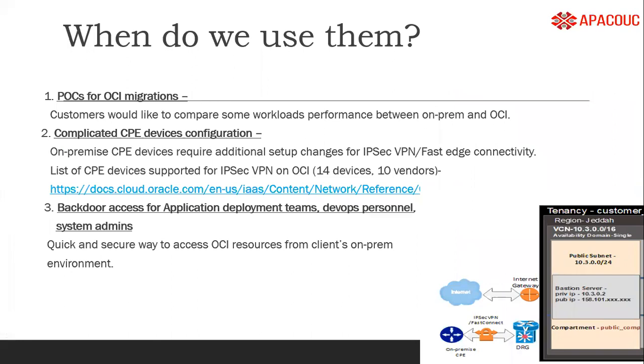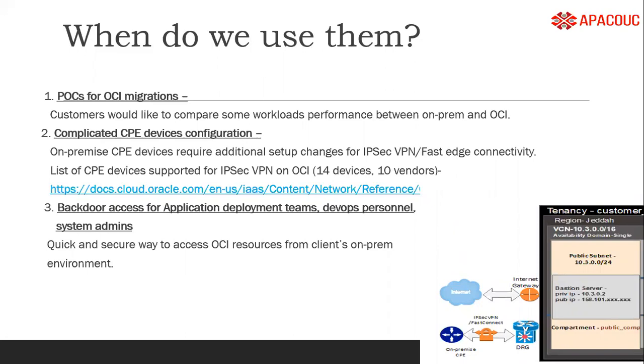So when are we going to use a Bastion server? Initially, when we want to have certain comparisons for a few workloads, and we need to make sure that the customers can check the workloads and compare them from on-premise and on cloud, we need to have certain POCs done.